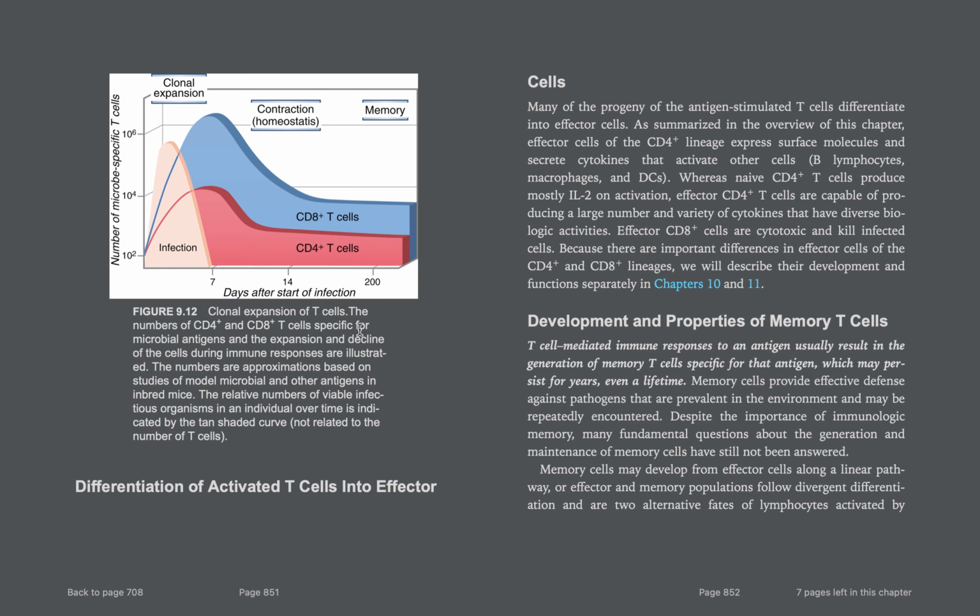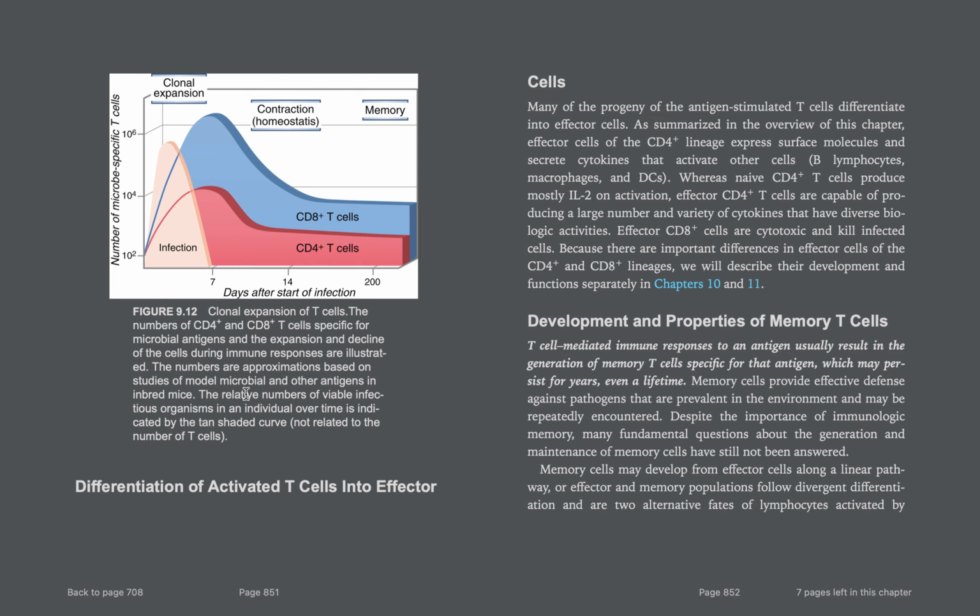This is the clonal expansion of T cells. The number of CD4 and CD8 T cells specific for microbial antigen, and the expansion and decline of cells during an immune response, are illustrated.